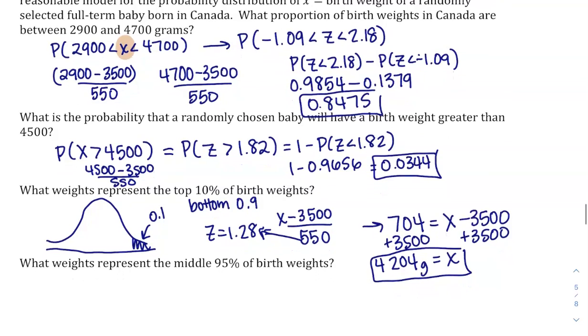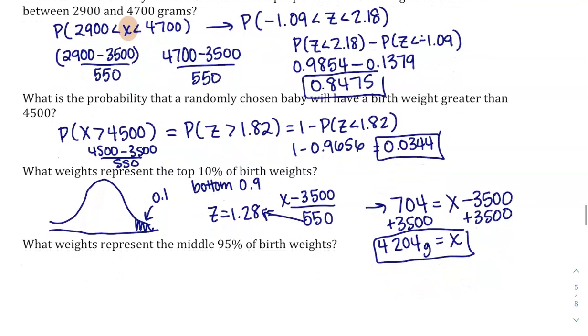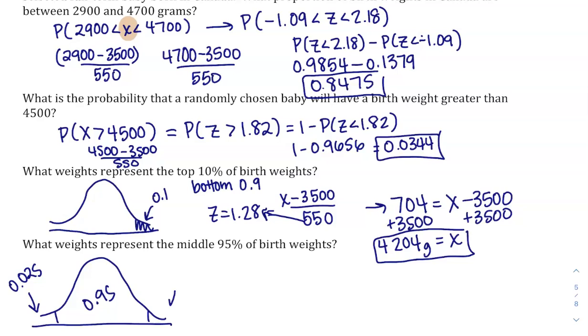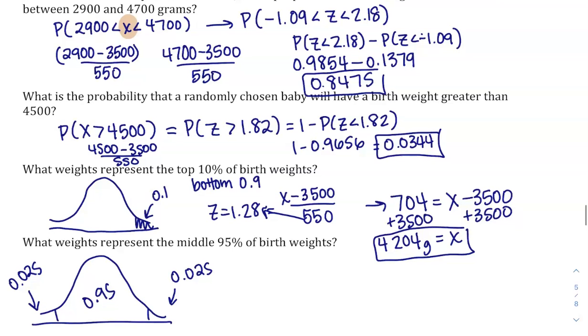We can also look at the middle 95%. Remember the middle 95% was looking at the bottom 2.5% and the top 2.5%. So we could look this up in the table, but we already did this one. We found that it was negative 1.96 and positive 1.96. So we do need to get both of these values to section off the middle 95%.